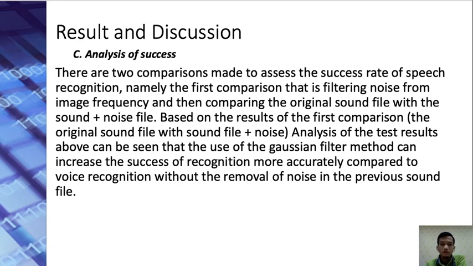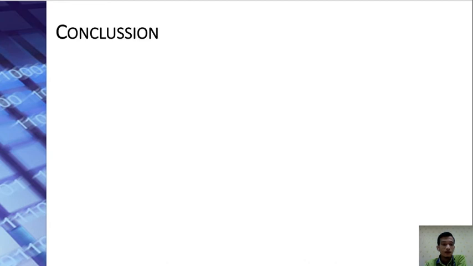Based on the result of the first comparison analysis, the test result above shows that the use of the Gaussian filter method can increase recognition success more accurately compared to voice recognition without the removal of noise in the previous sound file.